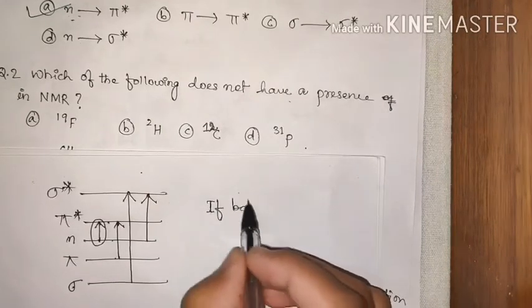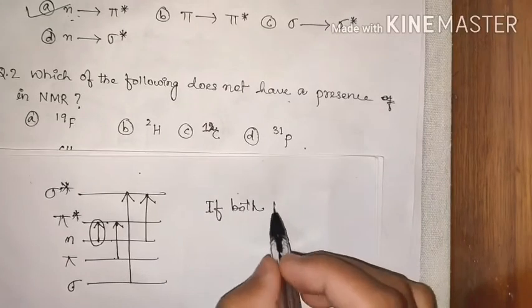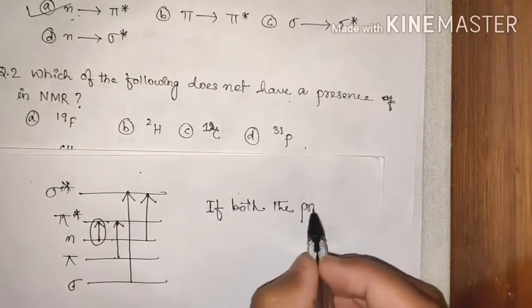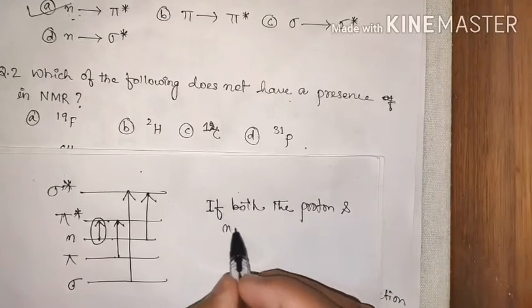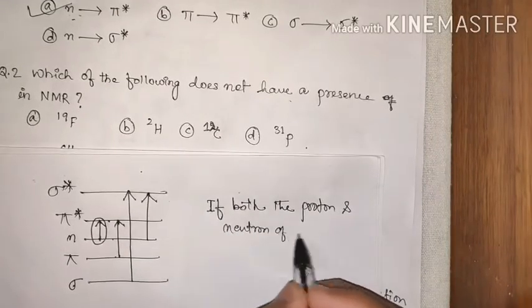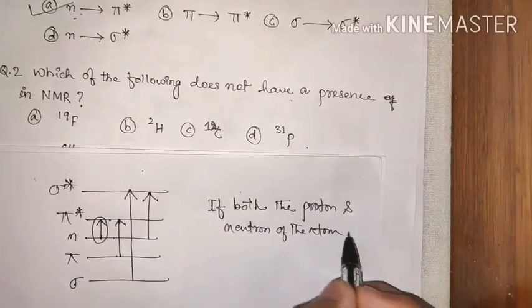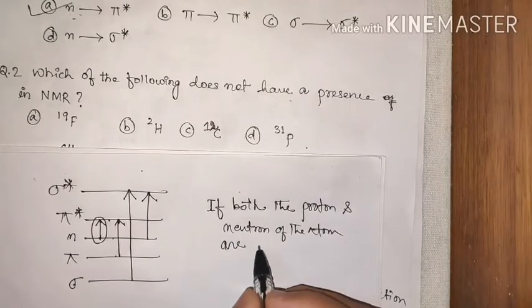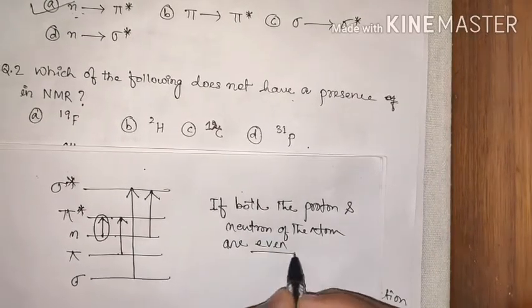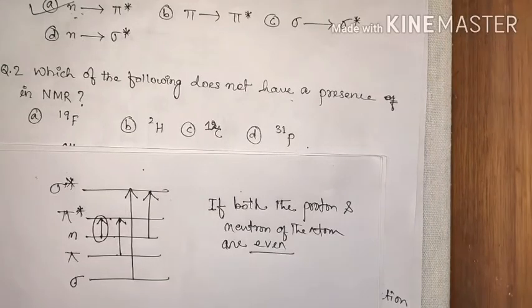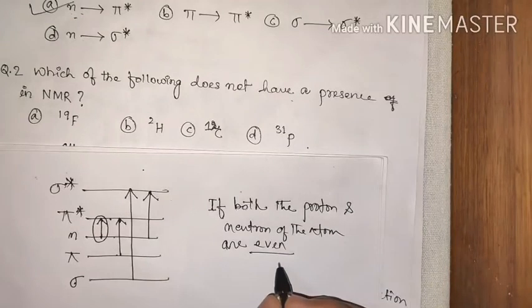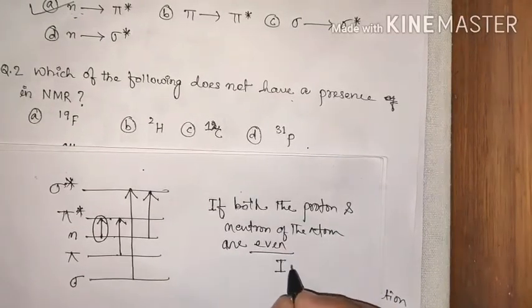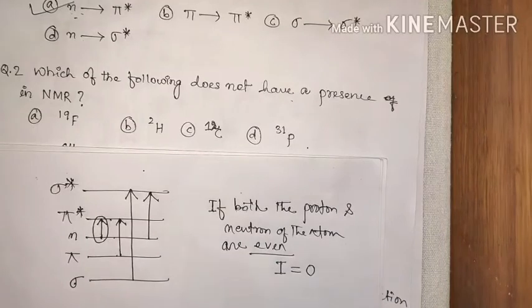If both the proton and neutron numbers of the atom are even, in that case the atom will have its nuclear spin I equal to 0, okay.